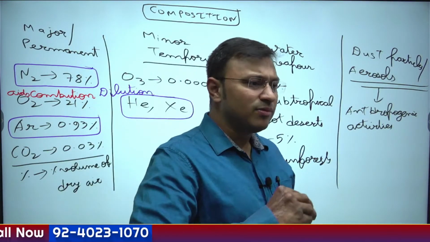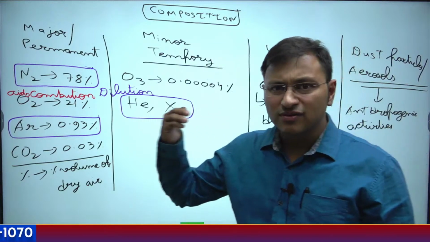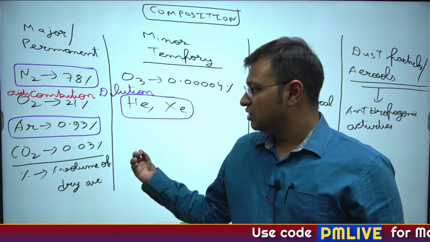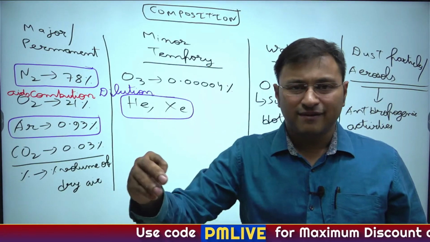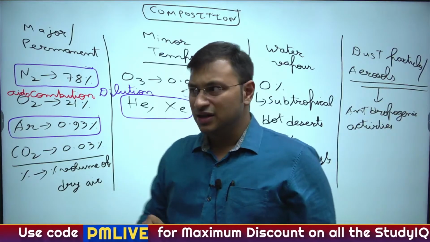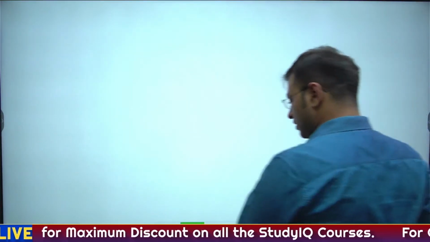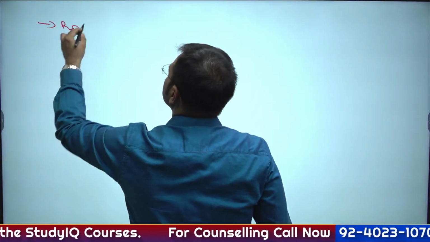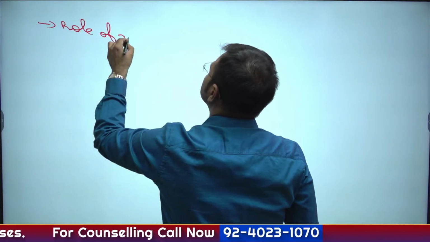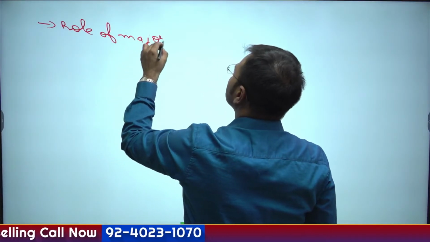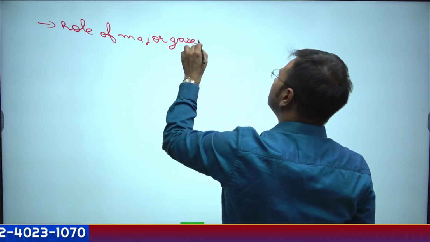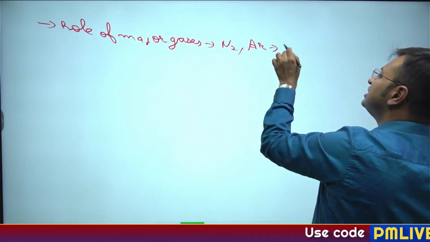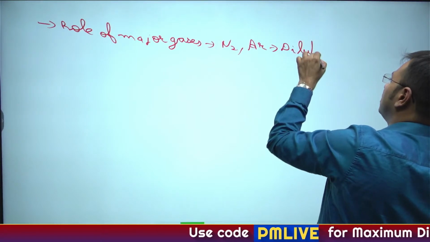Now, if I'm talking about the role of greenhouse gases, the role of CO2, we now know that the average ambient temperature of Earth is around... if I'm talking about the role of the major gases, like nitrogen, like argon, it is basically dilution, right?